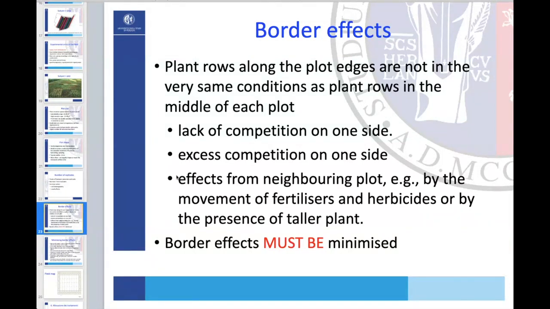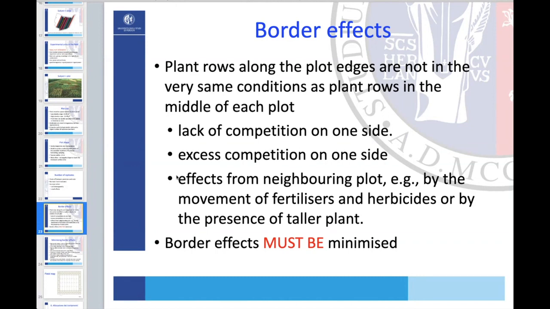Or they might have other effects from neighboring plots. For example, if I spray one fertilizer, this fertilizer might affect the plot which is immediately next to the treated one. Or if I spray an herbicide, this might affect the edge of the next plot.